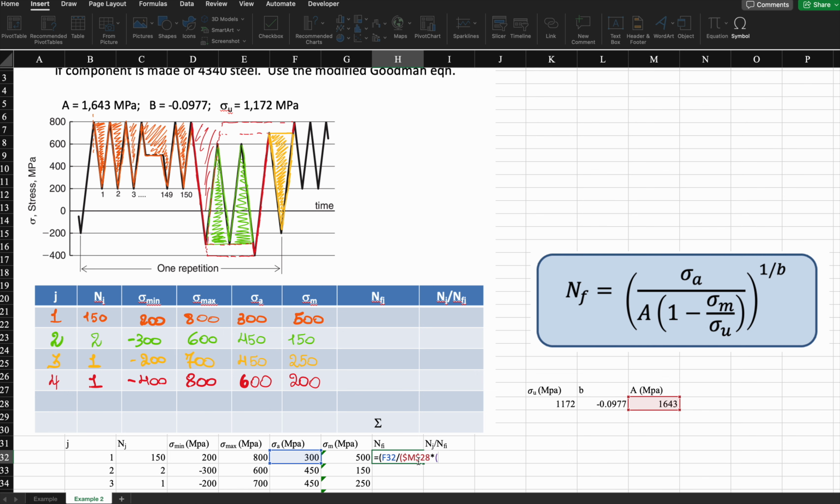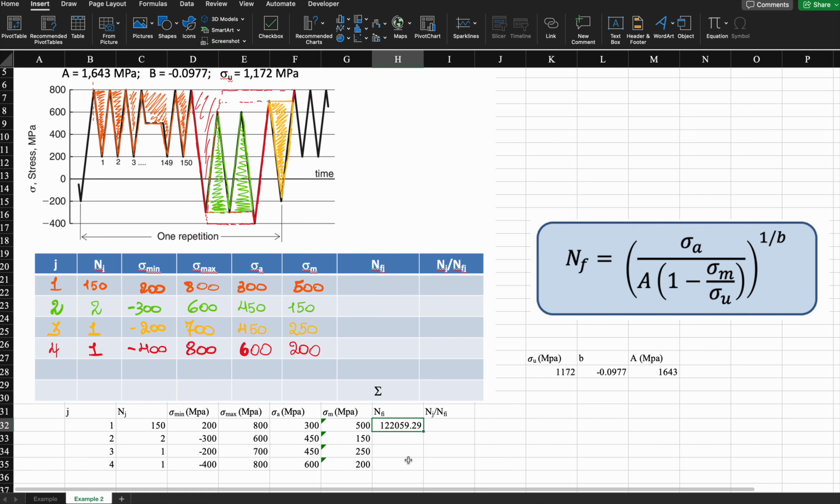And then I'm going to multiply by another parentheses right here, 1 minus sigma M right here. That's changing, but sigma U is not. So again, I need to freeze the row and the column. And then I close that parentheses, and I close the bigger one as well. So this closed my denominator. I have to close it one more time, and then elevate to 1 over B. B again is fixed, so I fix the row and the column. And then I close that up, and I can drag this down to here.